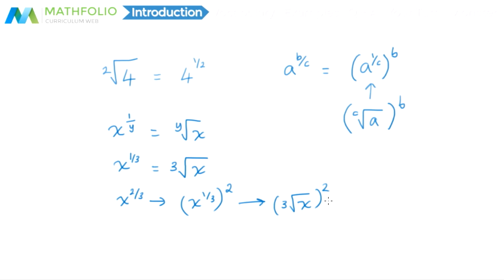So these are just a very quick introduction to fractional exponents and how they tie in with the radicals. When we're thinking about a square root of something, really what we are doing is that something to the 1/2 power. These two are exactly the same.